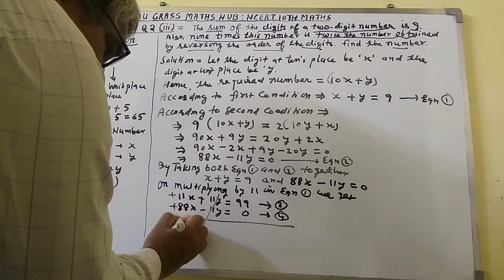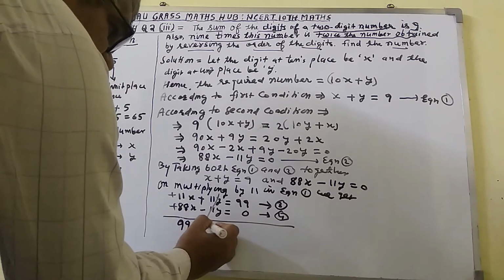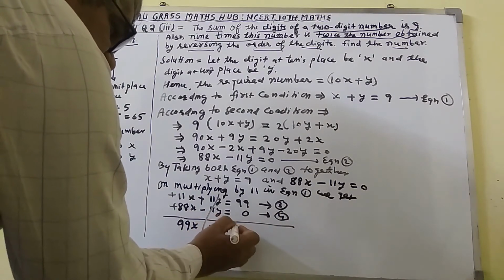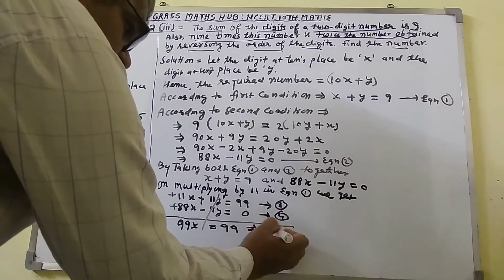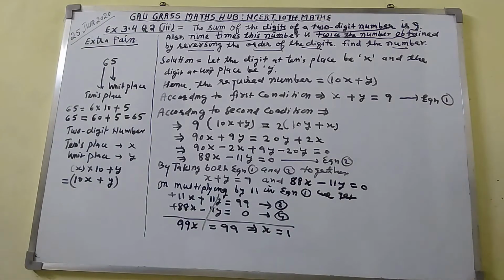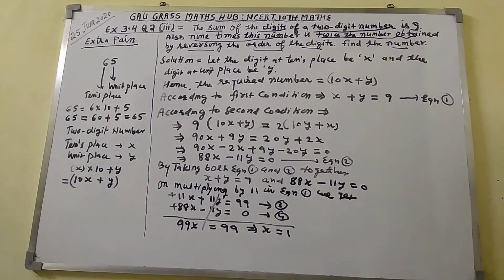Here you will get 99x. This will become 0, become 99. Now we have got implied that x is equal to 1. Because here 99 will go to the right hand side, there it will divide. So here x is equal to 99 upon 99 comes out to be x equal to 1.